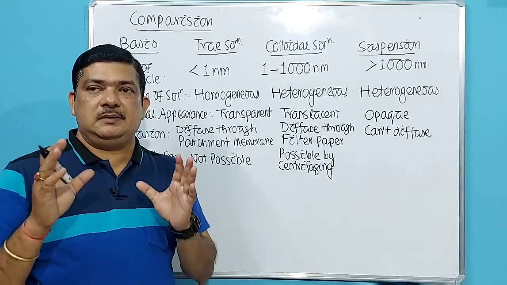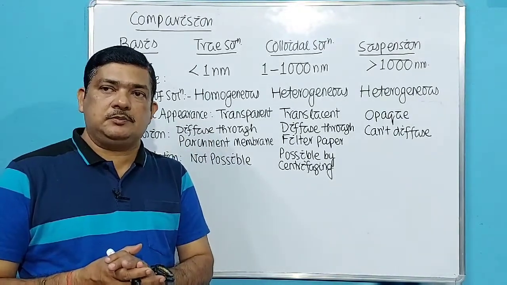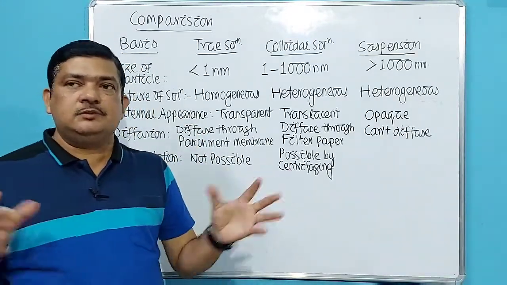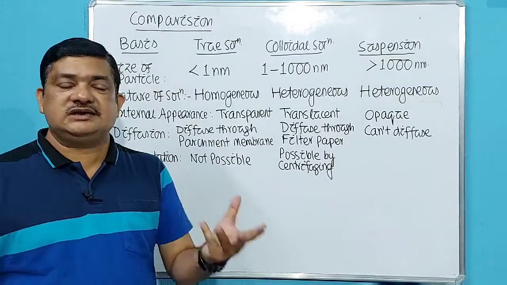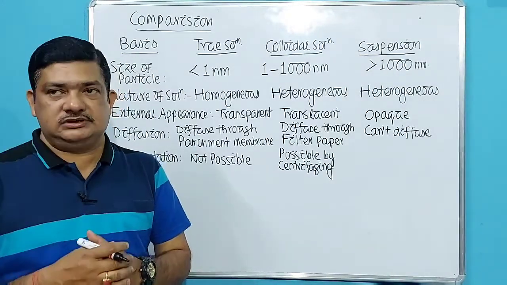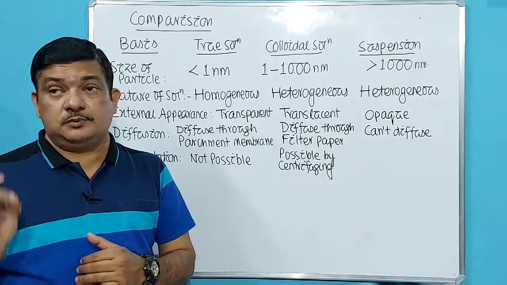So after the name of Robert Brown, that zigzag motion is known as Brownian motion or Brownian movement. Here the colloidal particles, because they carry charge, do not settle down automatically. They are in a constant zigzag motion. That's why they cannot sediment automatically.